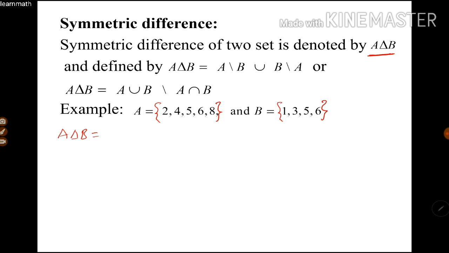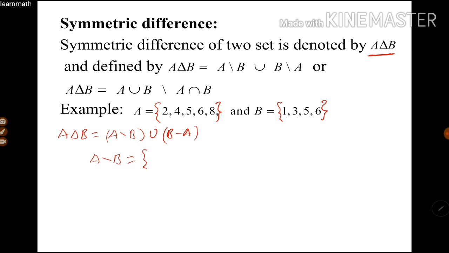Now find first A minus B union B minus A. First find A minus B. What is the definition of A minus B? A minus B means the collection of all elements which belong to A which are not in B.